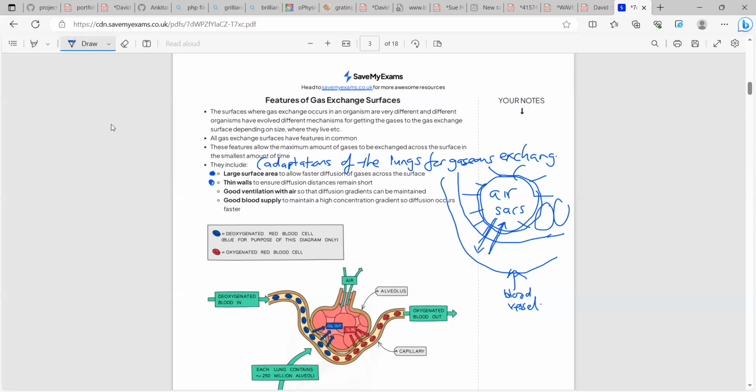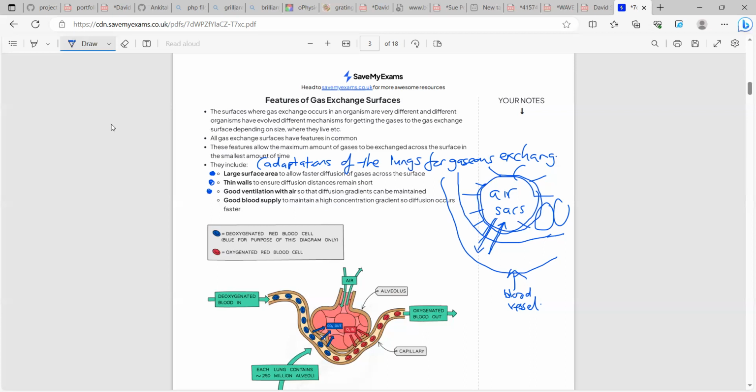And then the third point, good ventilation with air so that diffusion gradients can be maintained. So you find that in our lungs, we have tiny tubes that are constantly taking away air from the lungs. So this is a form of good ventilation.